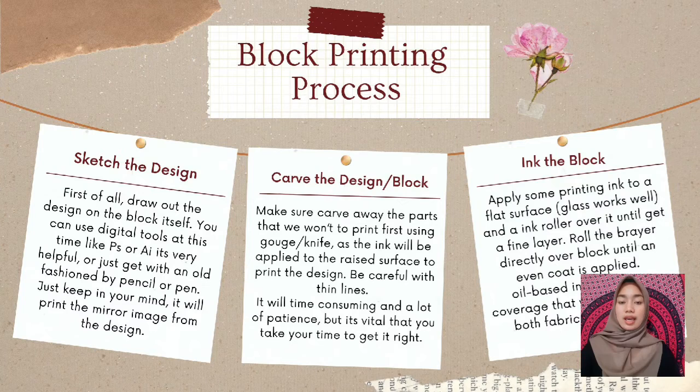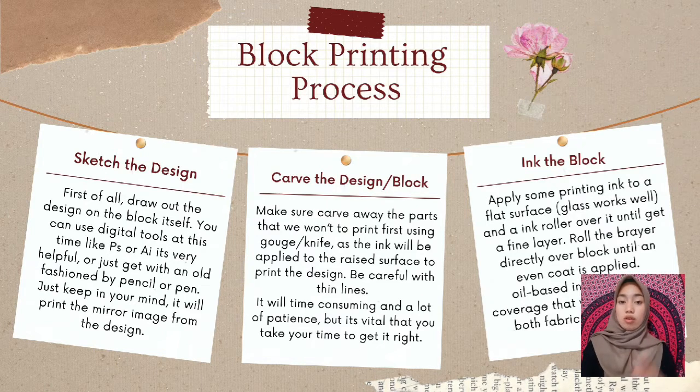So, this is the block printing process. First of all, we have to sketch the design, just draw out the design on the block. We can use digital tools like Photoshop or Adobe Illustrator, which are very helpful, or just go old-fashioned with pencil or pen, the traditional method.